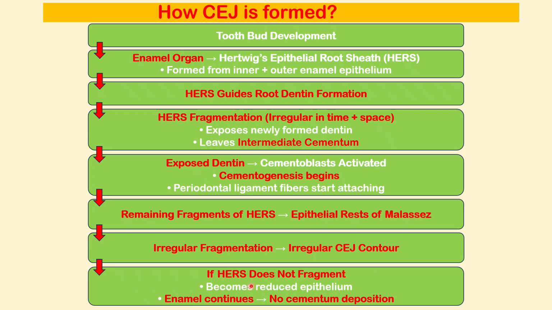If the HERS does not fragment, it becomes reduced epithelium and the enamel formation continues, but there is no cementum deposition. So the main important thing is the interaction and the fragmentation of the HERS. It plays a key role in the formation and the morphology of cementoenamel junction.